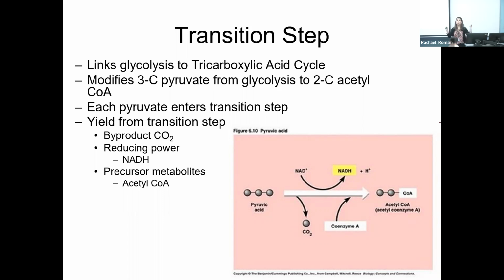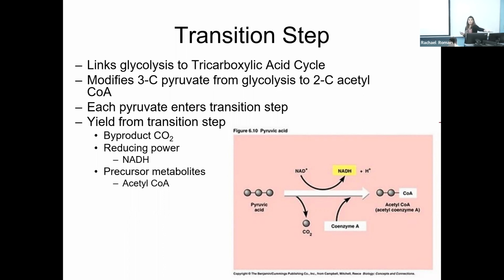It's got to be converted into something else. So this step links glycolysis and the TCA cycle together. We go from a 3-carbon molecule that is pyruvate or pyruvic acid, and we convert it into a 2-carbon molecule that is known as acetyl-CoA.